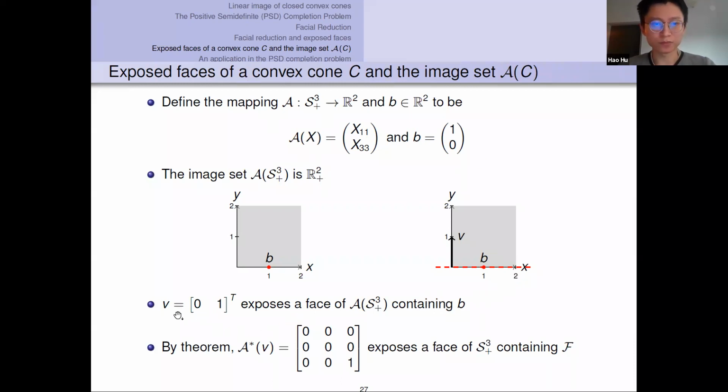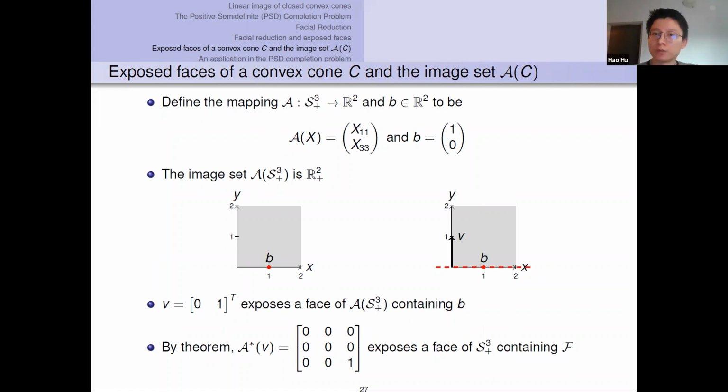And by the theorem, we know that A star V, which is this 3x3 matrix here, will expose a face of the PSD cone containing the original feasible set. And clearly, it's not possible to visualize what is happening in the original problem. However, if you look at the image of the PSD set, then we can visualize it in this way.